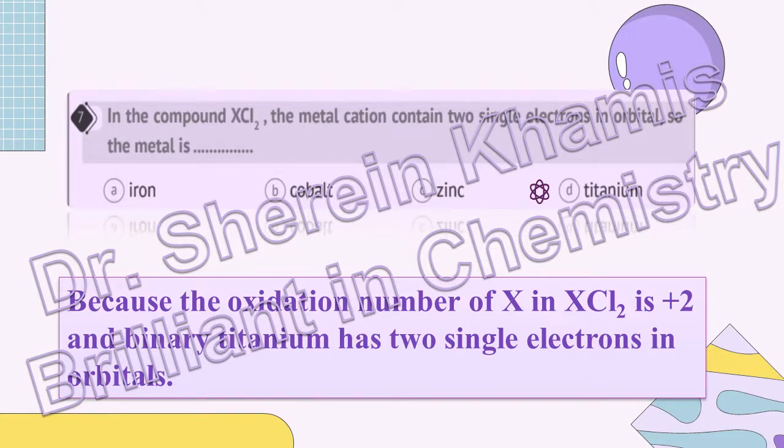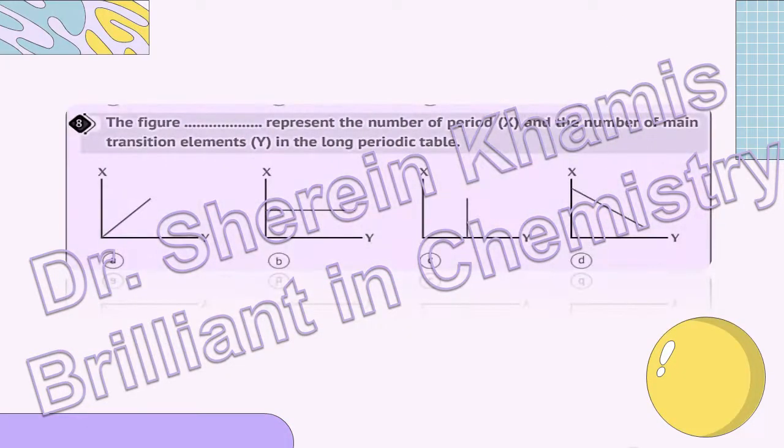Okay, let's go into question 8. Question 8 says that the figure represents the number of period X and the number of main transition elements Y in the long periodic table.